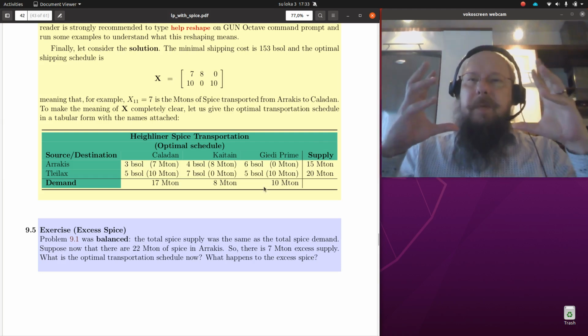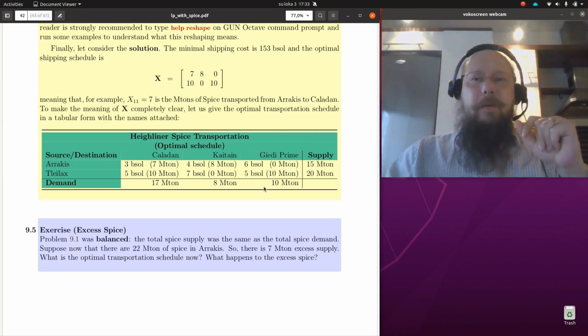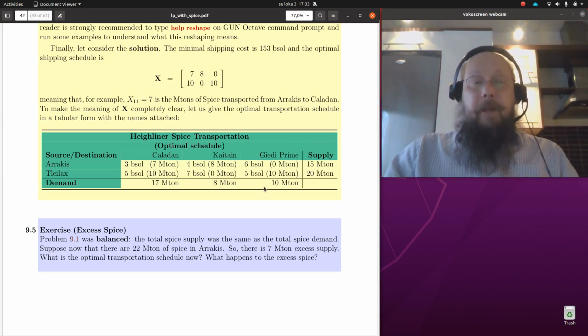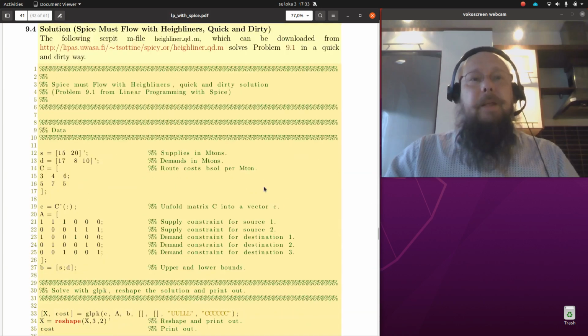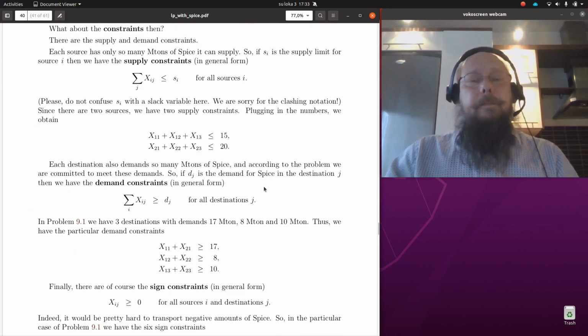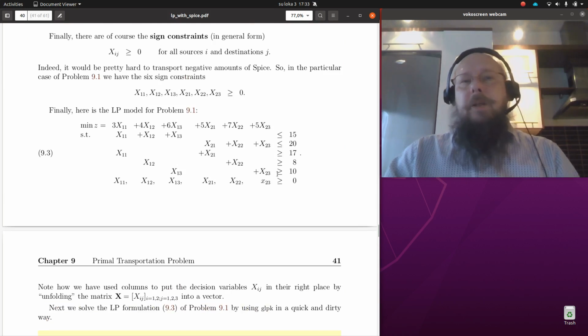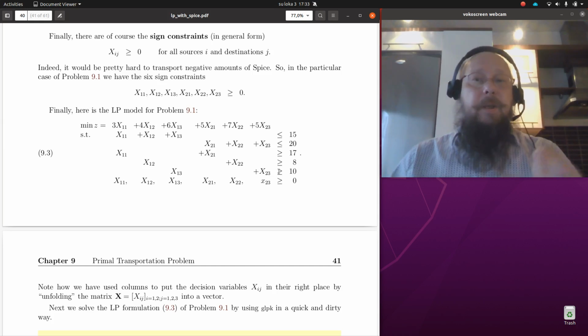So this problem is balanced, which of course means that I could have replaced these lower and upper bounds with equalities, which is sometimes something that you should do. Especially if you want to solve this by hand or use some special algorithm, it is a good thing that they are in balance.